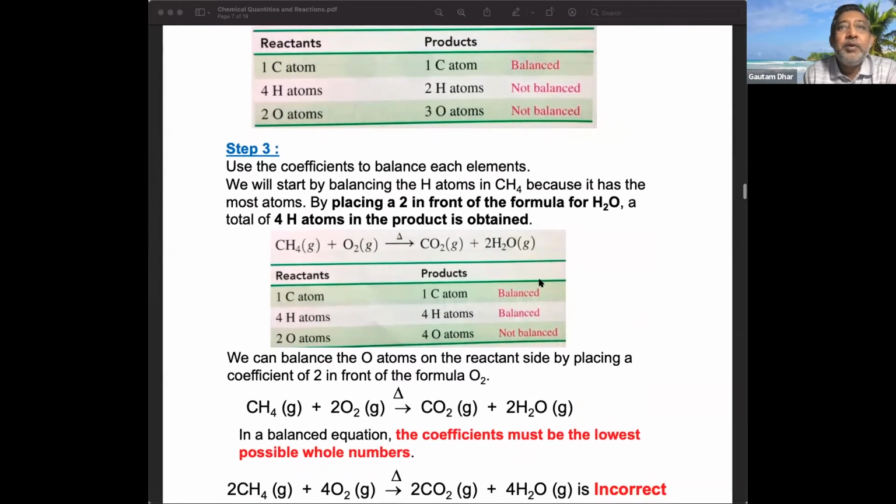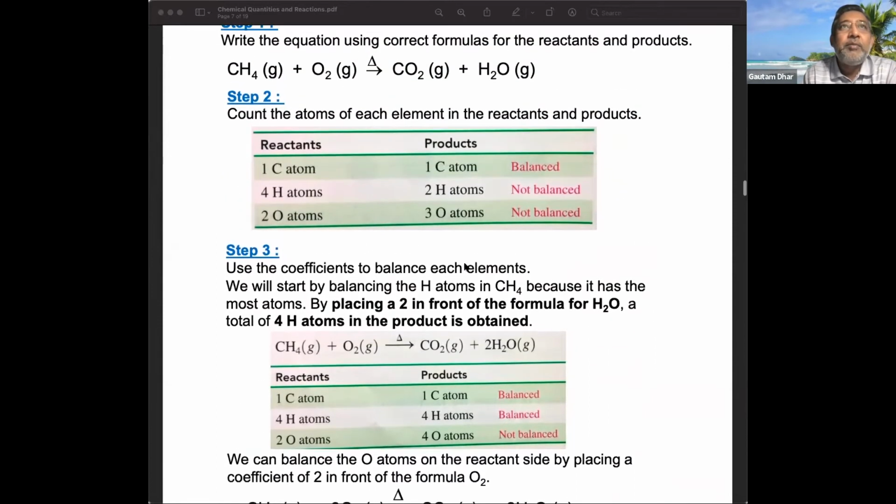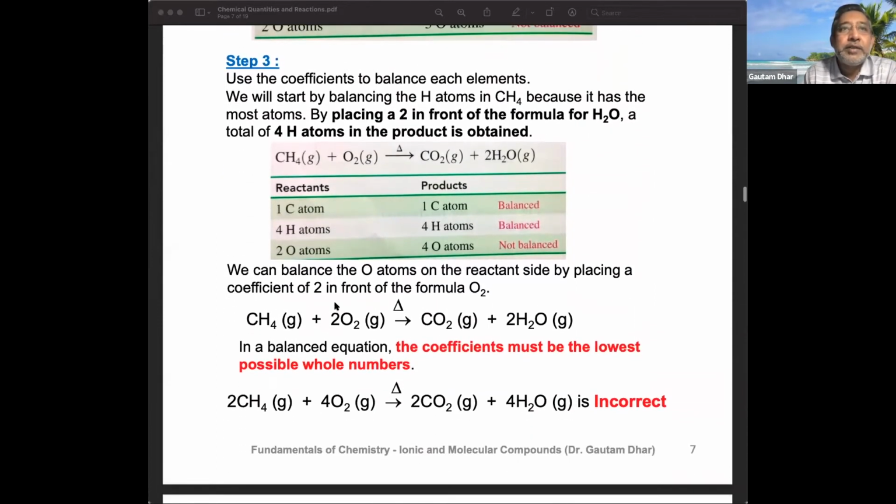If you look at this equation here, the carbon is balanced, so we don't need to bother about carbon here. Now, if you look at hydrogen, if I put a 2 in front of water, because there are a total of four hydrogens.